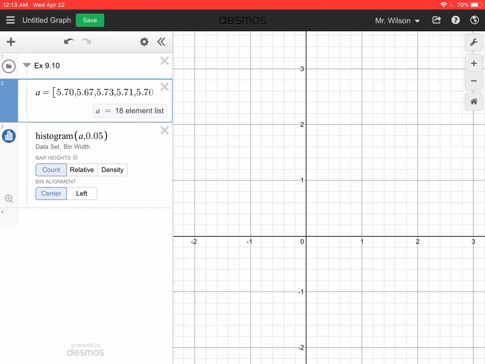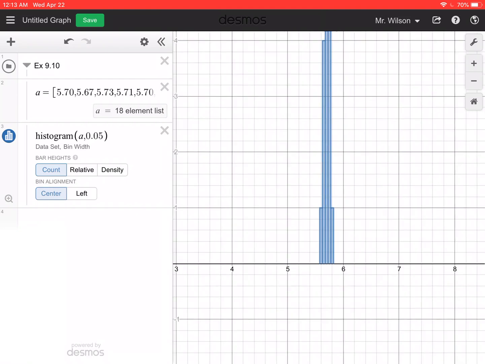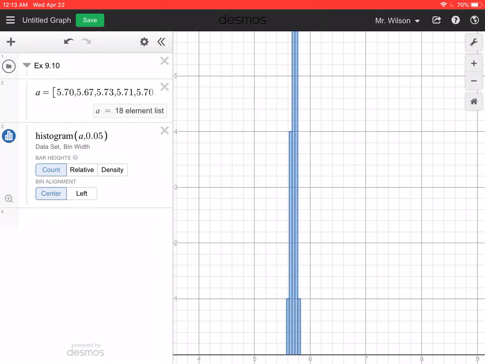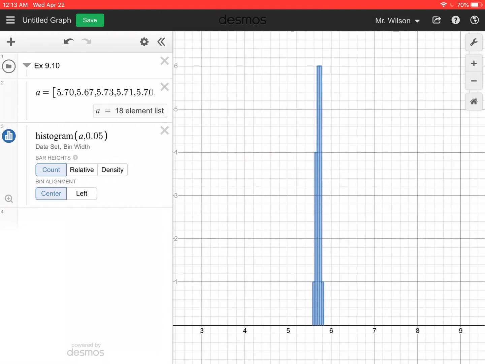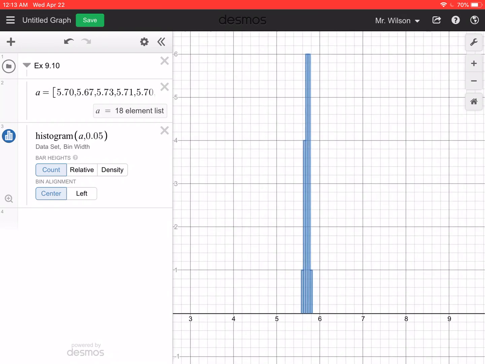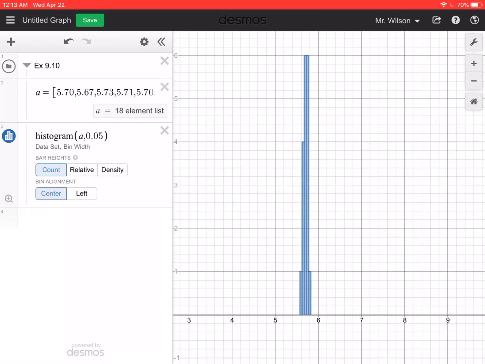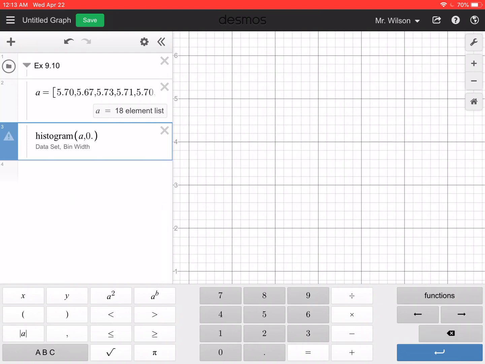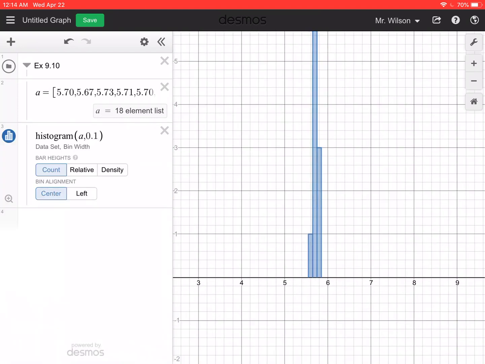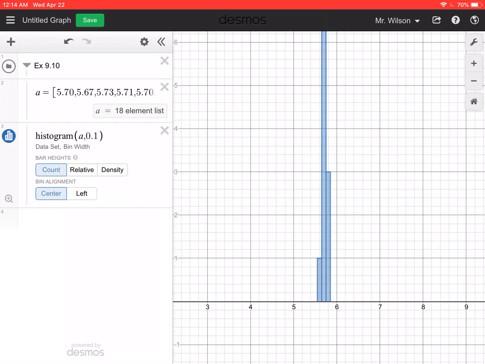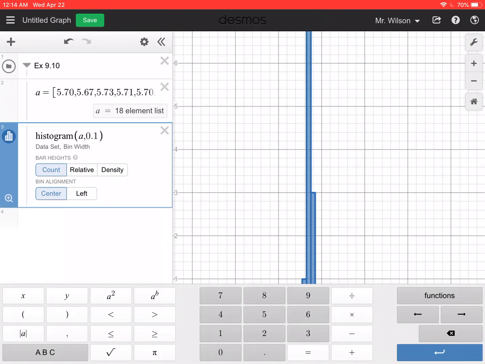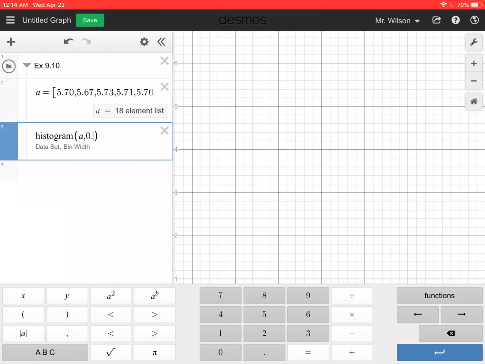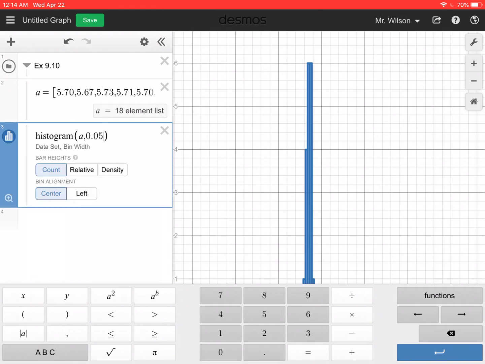For the histogram, I went ahead and did 0.05 for the bin width. You can pick whatever you want, but if you make it too big, then that's going to start messing up the shape because now you're getting too much data clumped into a bin or a rectangle. So I'm going to keep that at 0.05.